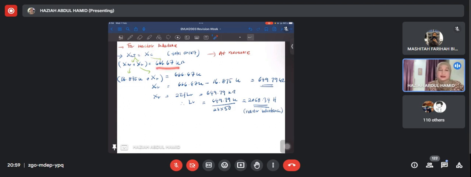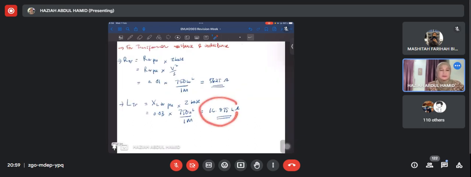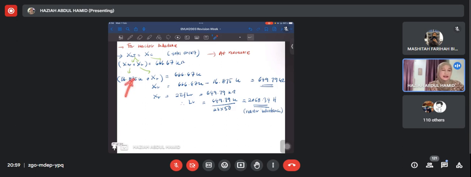Okay, 666.67. And then substitute everything. XTR kita dah convert tadi, this one. Masuk dekat XTR. XLR yang kita nak cari, and this one total XC. So by manipulating this circuit rearrange, you dapatlah XR ni equal to this one minus this one.